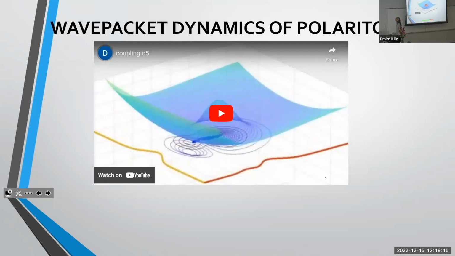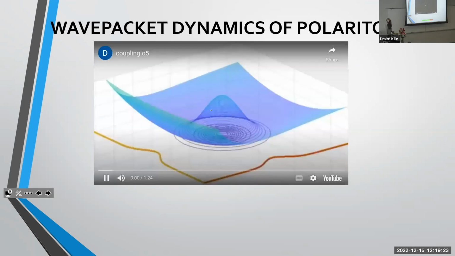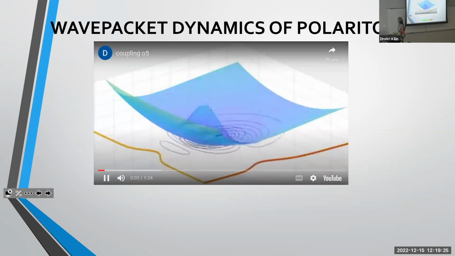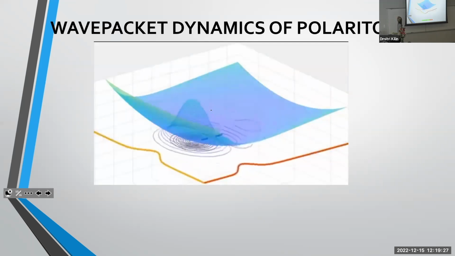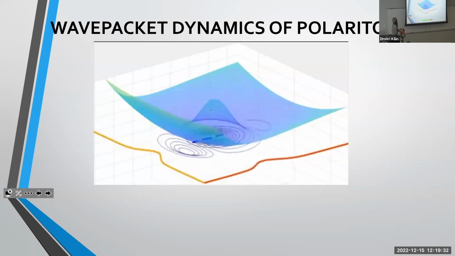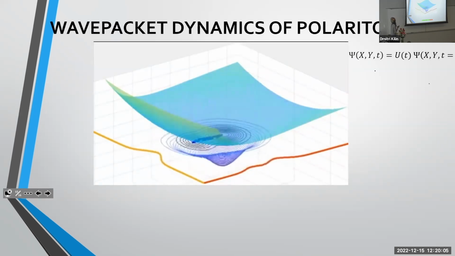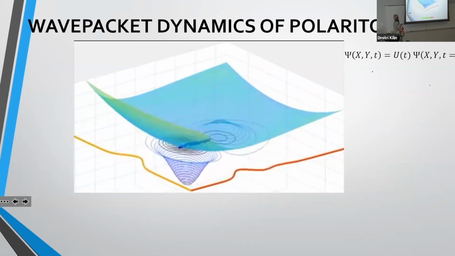So focusing on the dynamic part of my polaritons, this is a video showing the dynamic analysis of the polaritons. The dynamics of these eigenwave functions was propagated using the evolution operator.